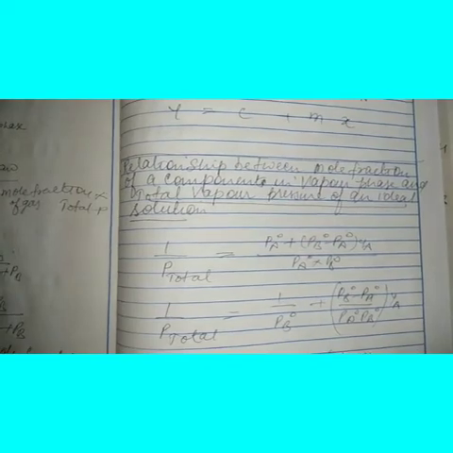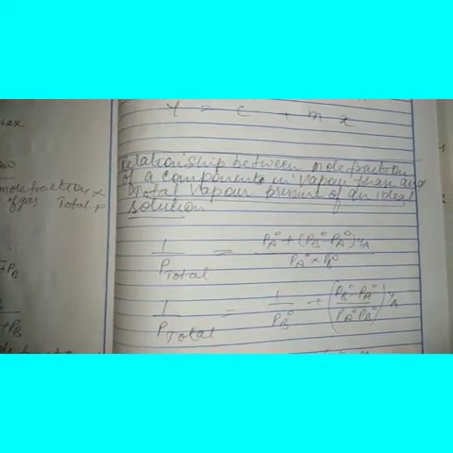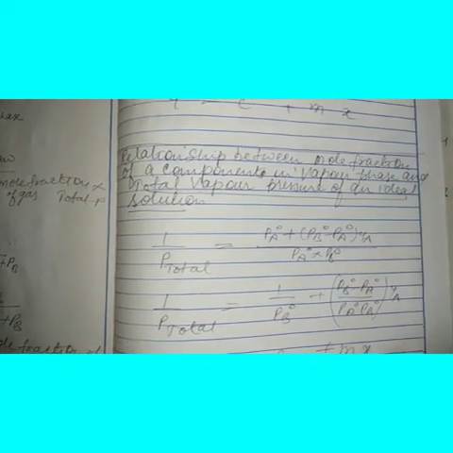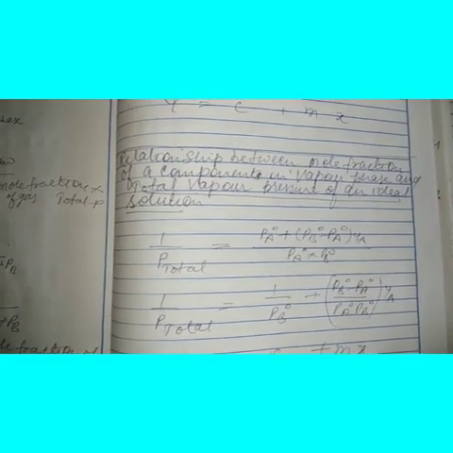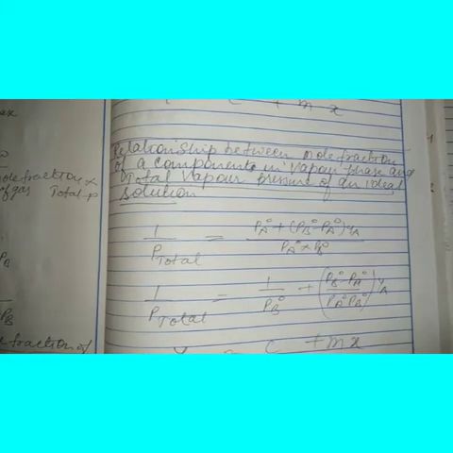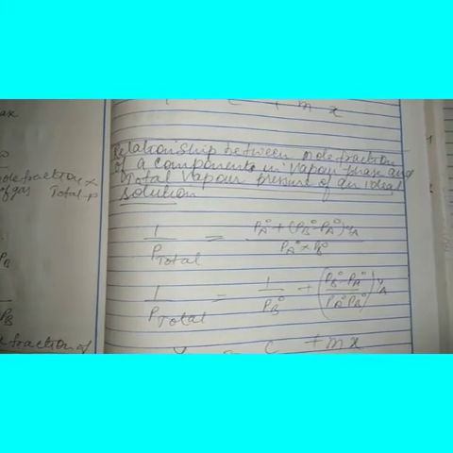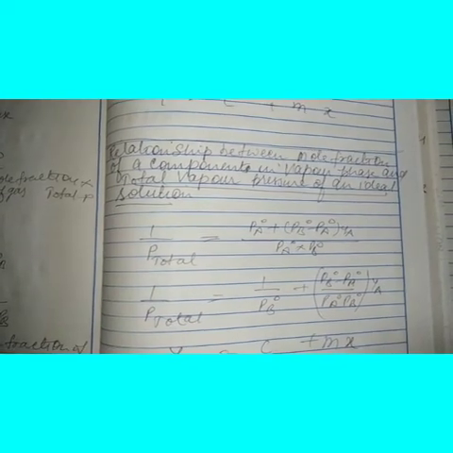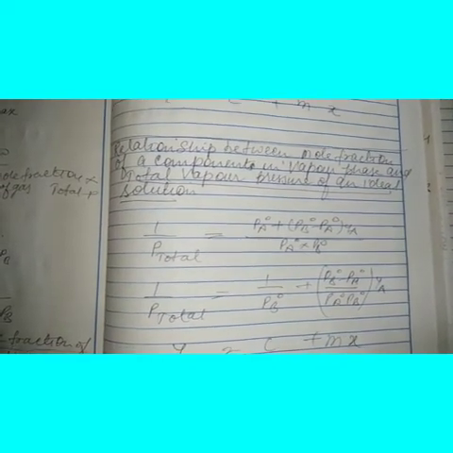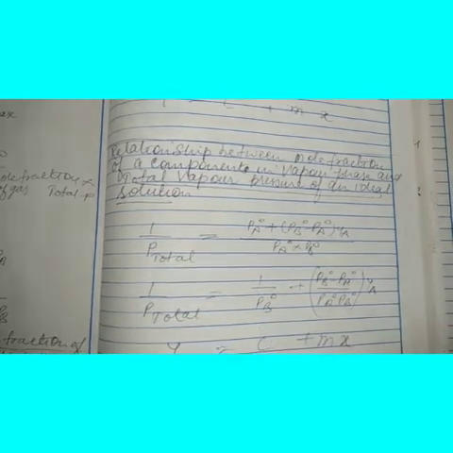After that we come to the next one, the relationship between the mole fraction of a component in the vapor phase and the total vapor pressure of an ideal solution. The equation becomes 1 upon total pressure is (PA naught plus PB naught minus PA naught into YA) upon PA naught into PB naught.